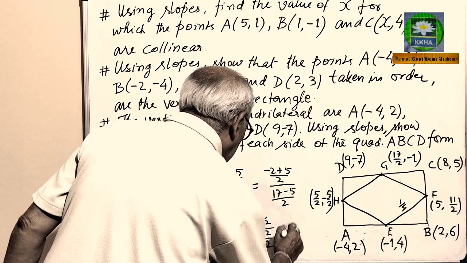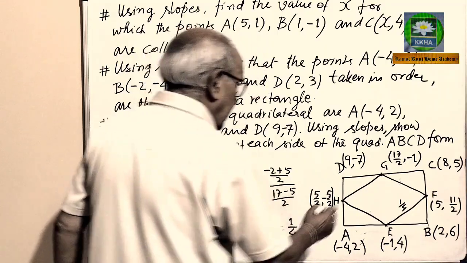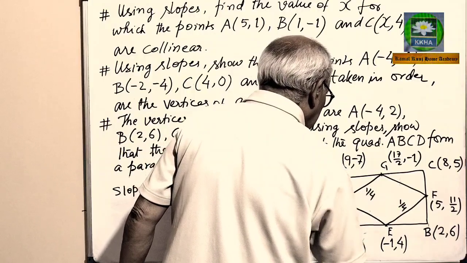This is equal to 1 upon 4. So slope of line HG is also 1 upon 4.